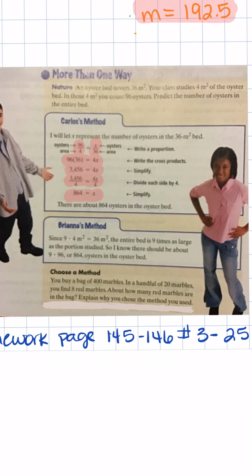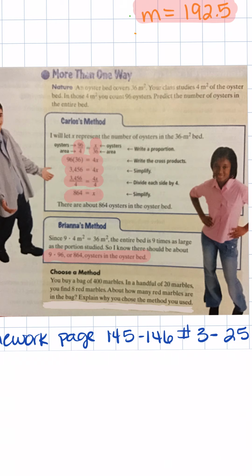Brianna, however, says since 9 times 4 equals 36, the entire bed is 9 times as large as the part studied. So there should be 9 times 96, or 864 oysters. So they did it different ways, but they still got the same answer.